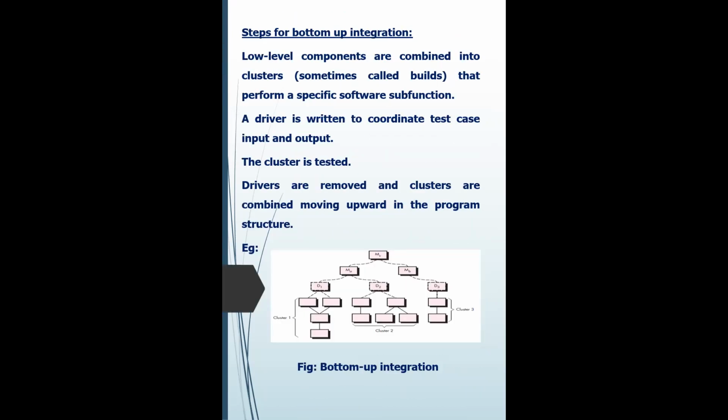Step 1, the lower level modules are combined into clusters that perform a specific subfunction. Step 2, a driver program is written to coordinate test case input and output. Step 3, the whole cluster is tested. And the last step, drivers are removed and clusters are combined, moving upward in the program structure.